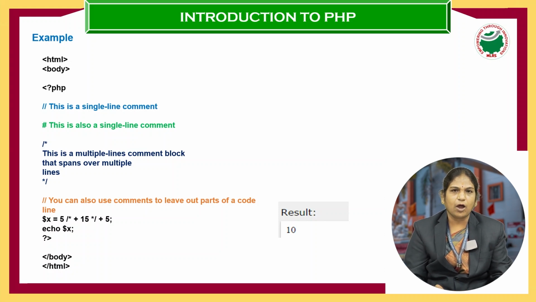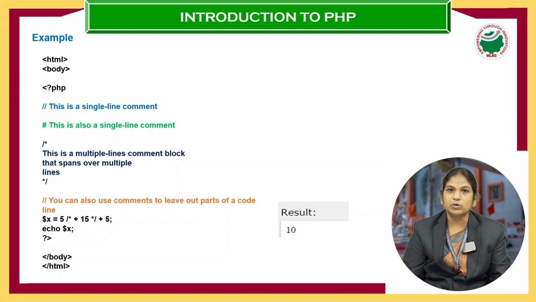The actual output of this echo statement is the $x value. What is the $x value? $x is equal to 5, meaning I have declared the x variable and assigned the value 5. Then I have used the multi-line comment, /* plus 15 */, so this is not going to be added to the 5.